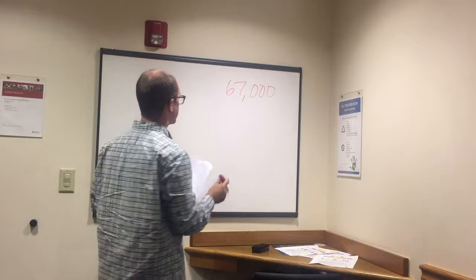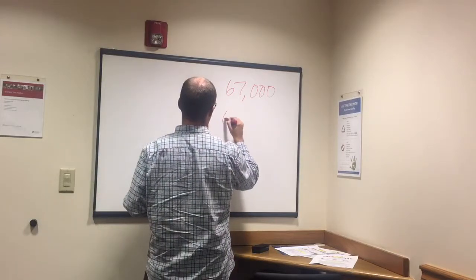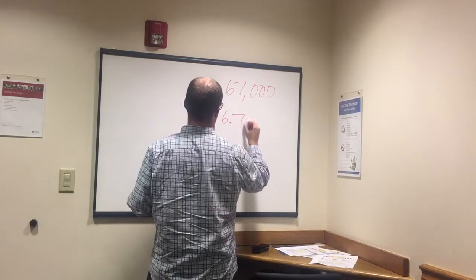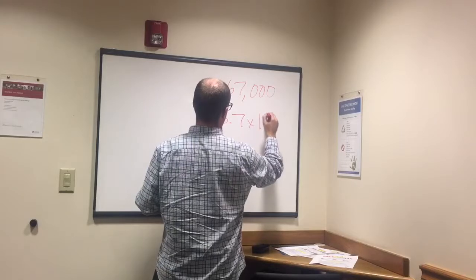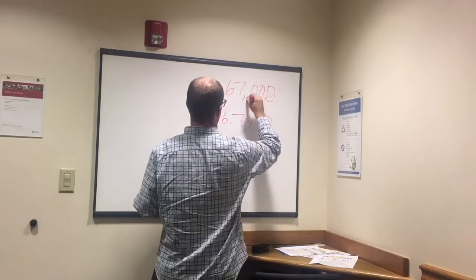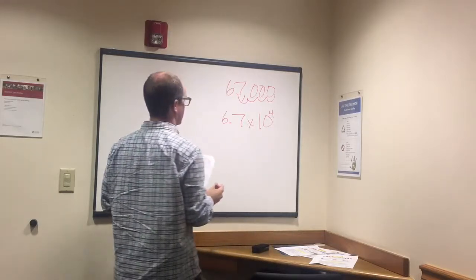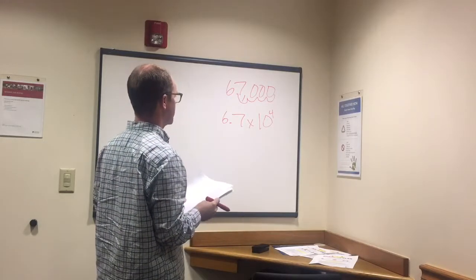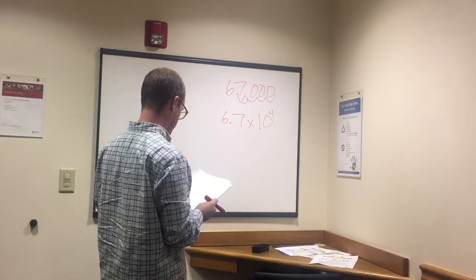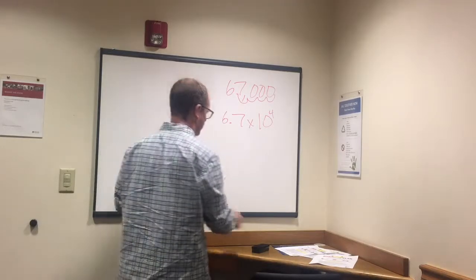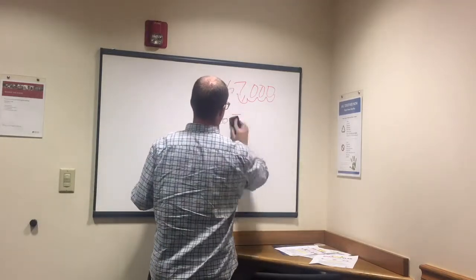So we know it's going to be 6.7 times 10 to the something. 1, 2, 3, 4. Yeah, 6.7 times 10 to the 4th. Absolutely correct.